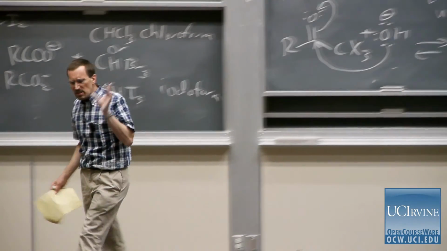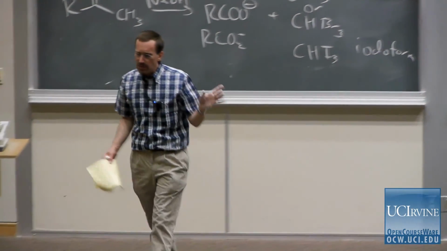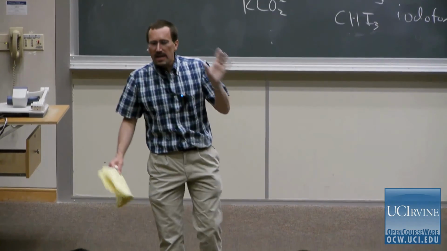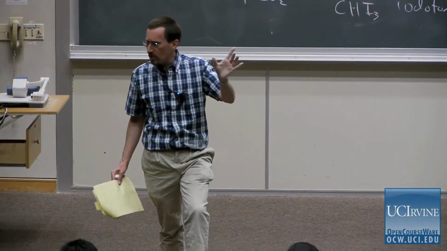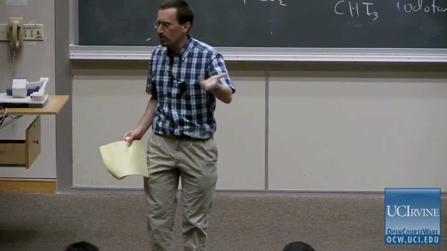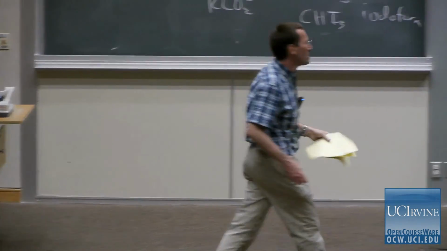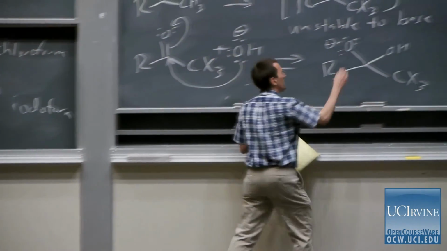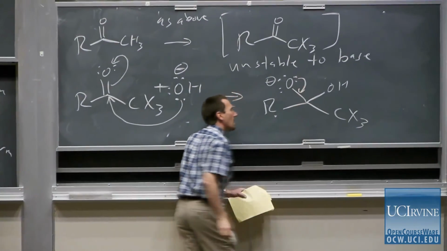All right, so at this point we formed a tetrahedral intermediate. But what's special here is that that trihalomethyl group is electron withdrawing. Unlike, say, a methyl group or an alkyl group in general, it can stabilize electron density. So here's the big surprise.